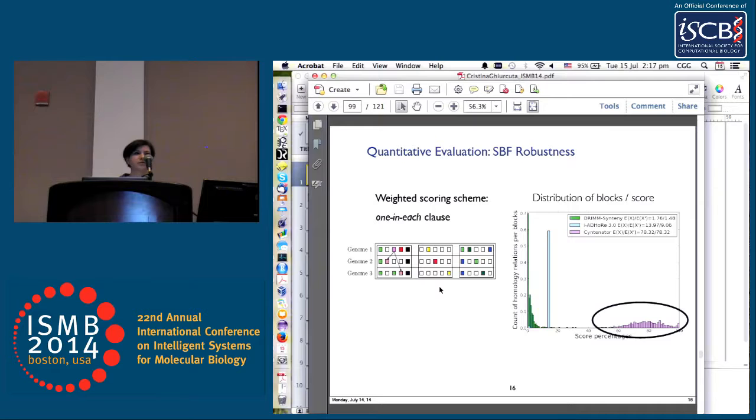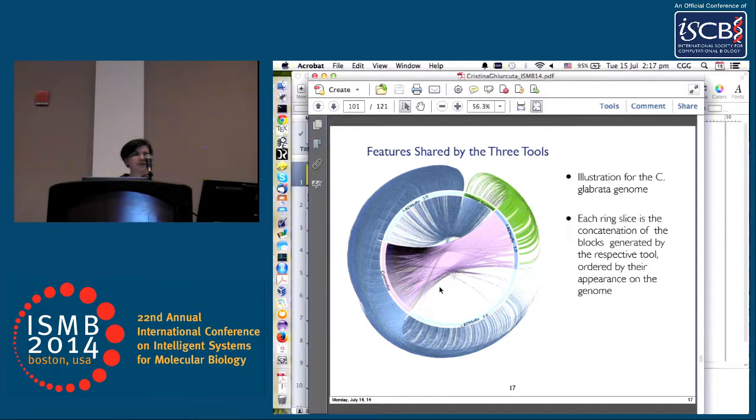And it leaves only Syntenator to be producing synteny block families which are densely interconnected through the required homology statements. So these results were showing different behaviors of the tools. So let me illustrate the commonalities.